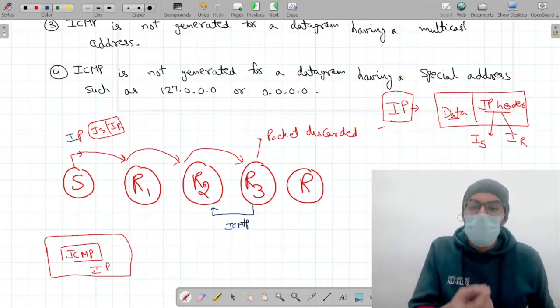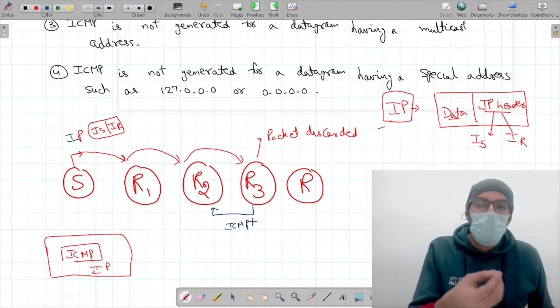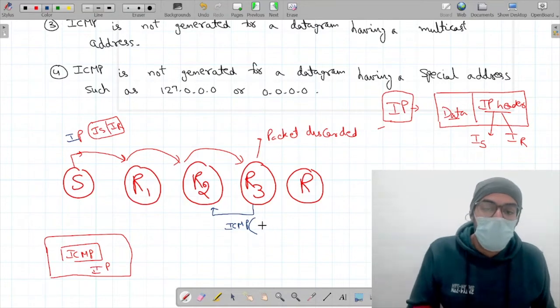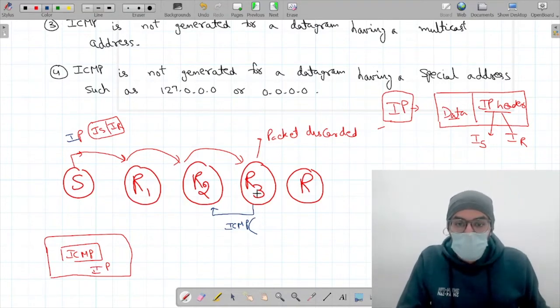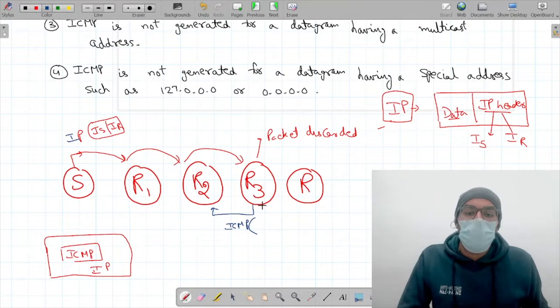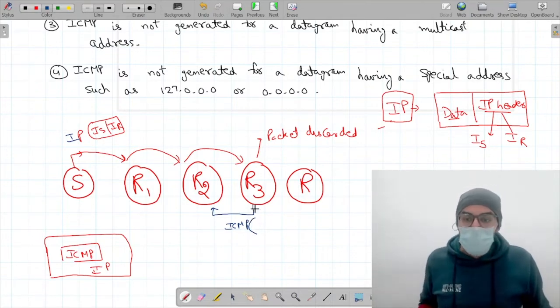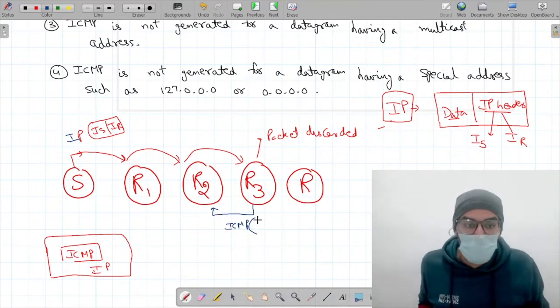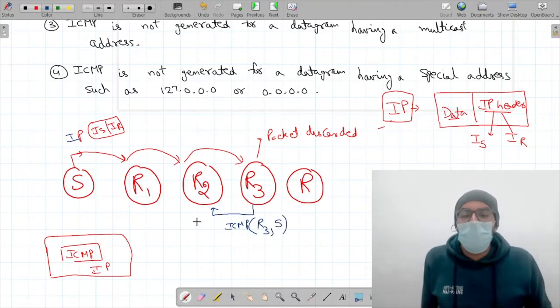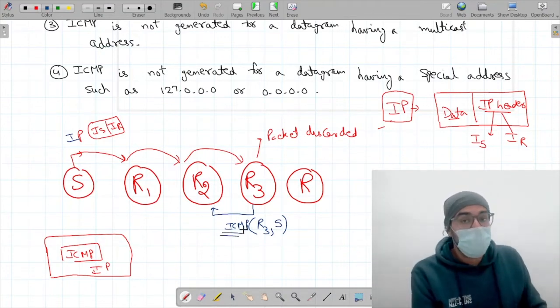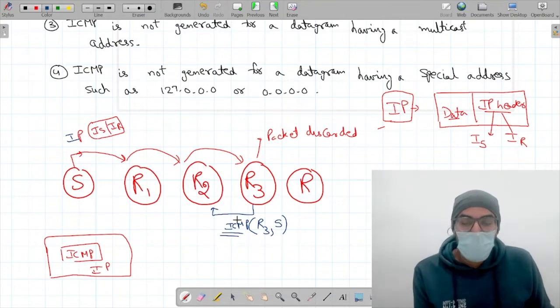Although this is also an IP packet, for the sake of your understanding I am writing it as ICMP because this packet is containing an ICMP message. So this router R3 is going to send the ICMP message encapsulated inside the IP packet meant for the sender S. Who is sending it? R3. And to whom is it meant for? Sender S.